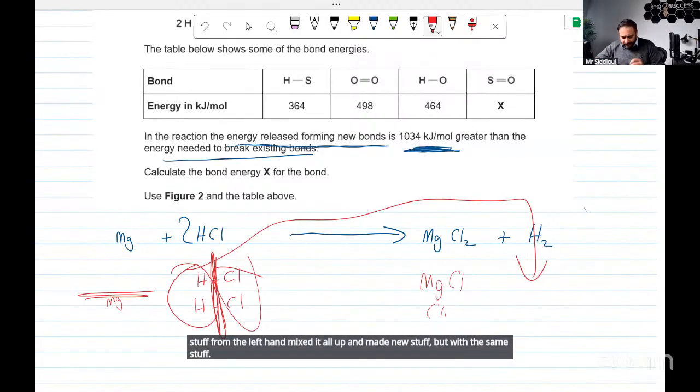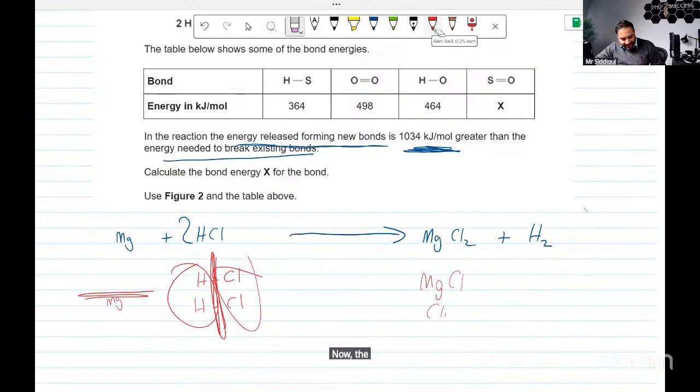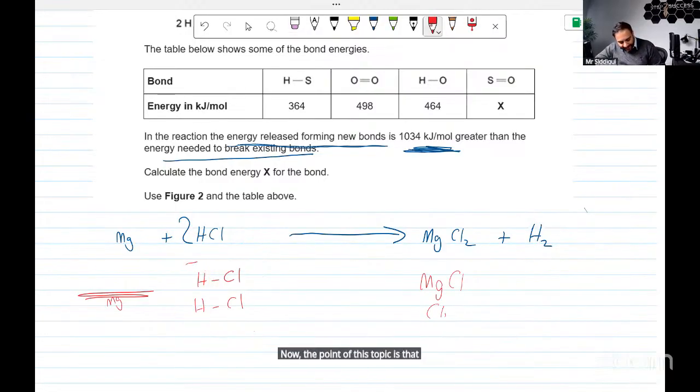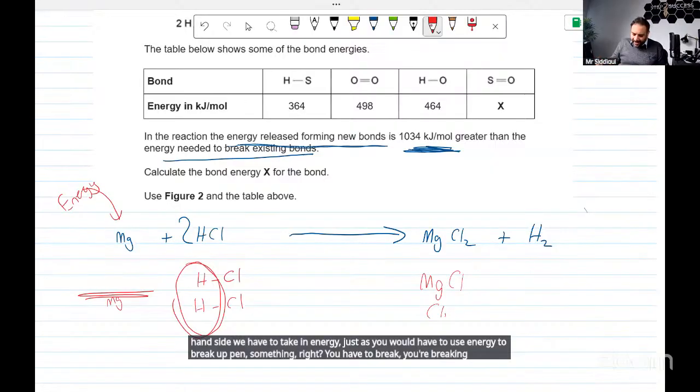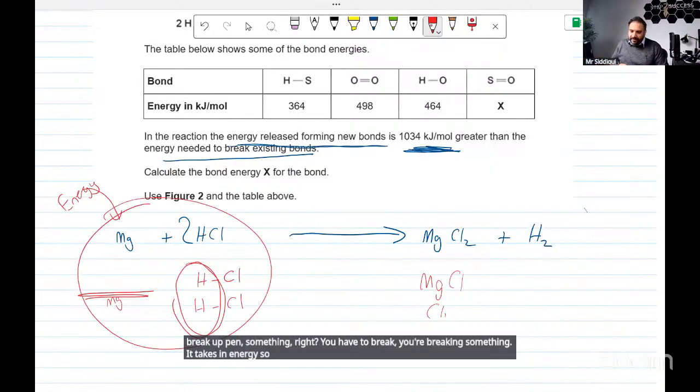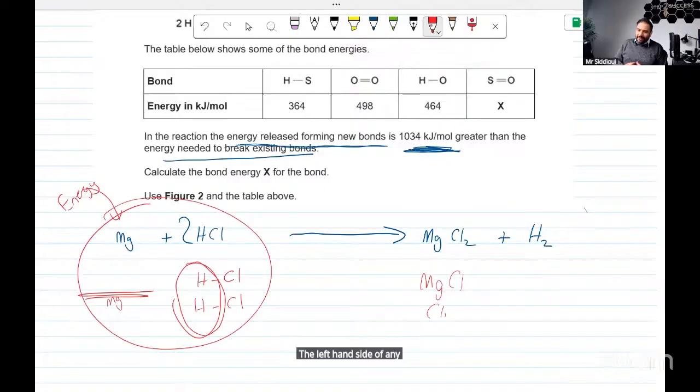Now, the point of this topic is that in order to break the stuff on the left-hand side, we have to take in energy, just as you would have to use energy to break a pen, something, right? You're breaking something. It takes in energy. So the left-hand side of any chemical equation takes in energy to break it all up, which makes sense.